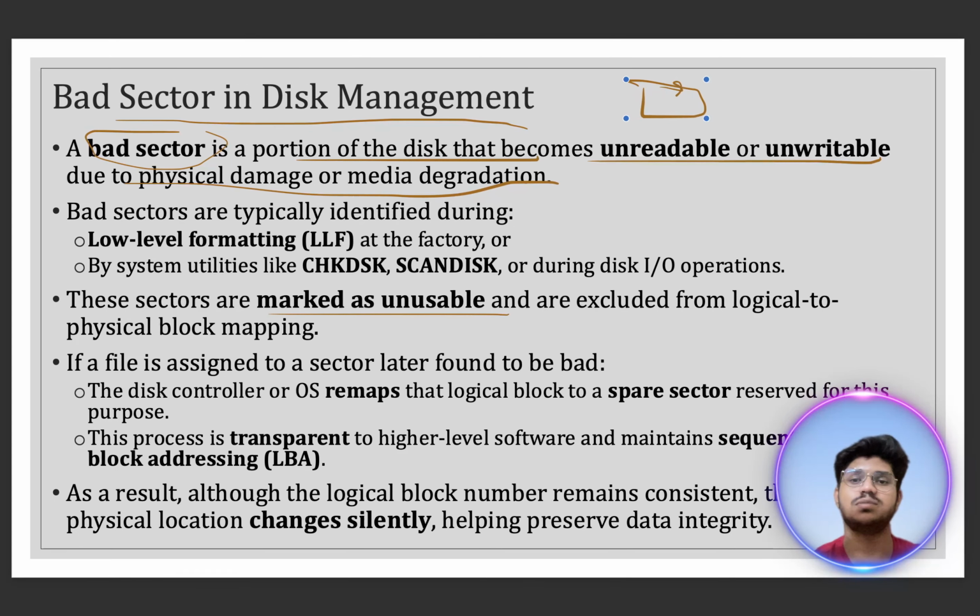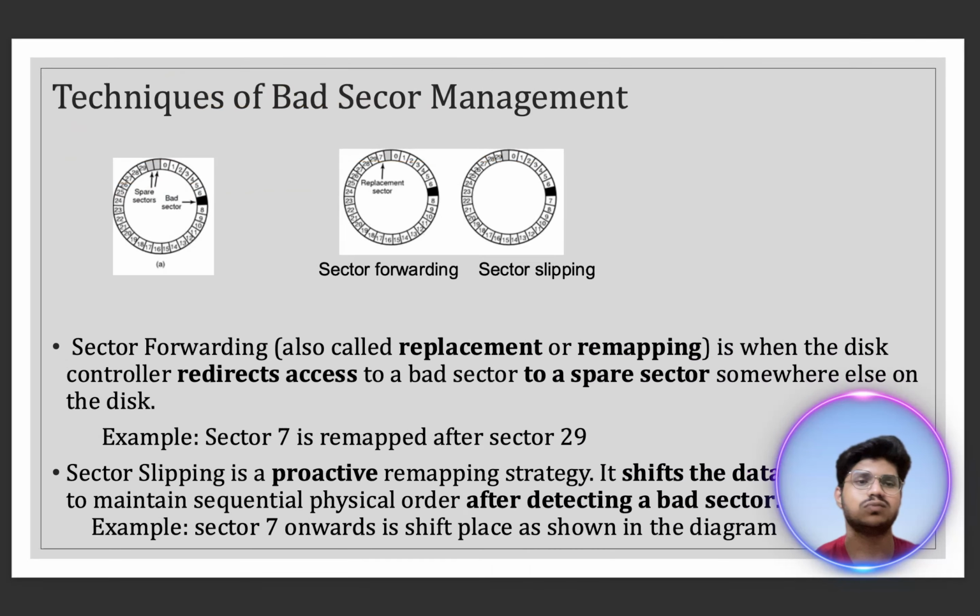These bad sectors may develop over a certain period of time. If the number of bad sectors increases too much, the hard disk becomes unusable. But if there is a small number, let's say around 5% of sectors are bad, it is still usable.